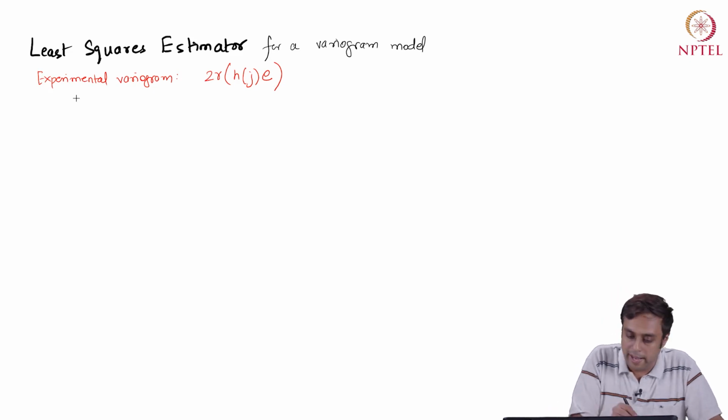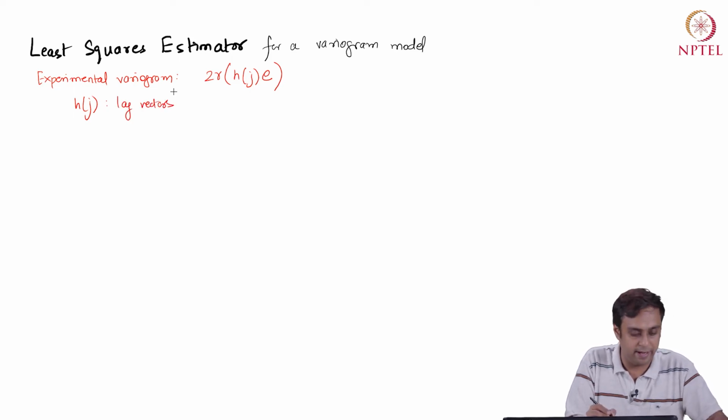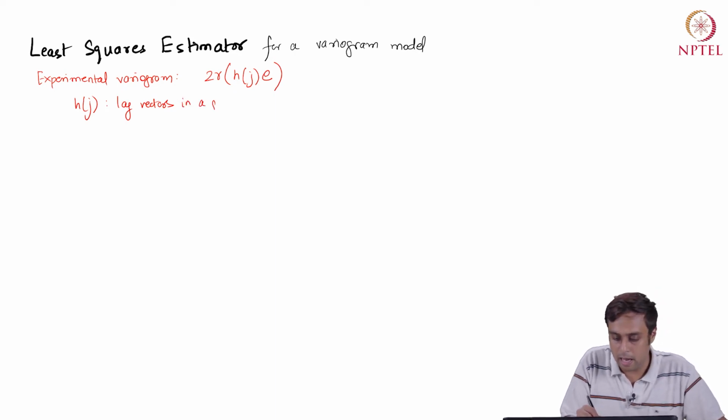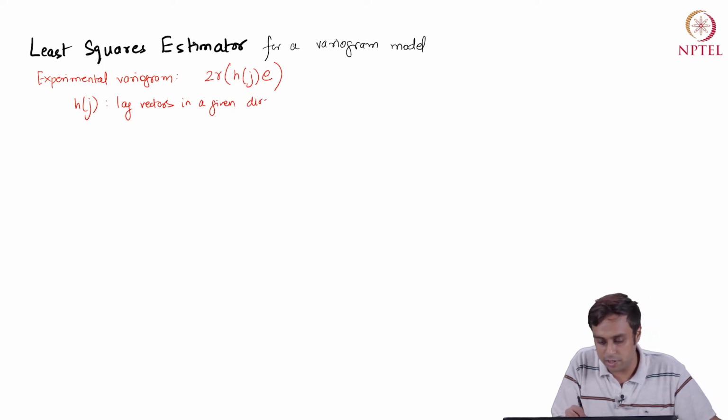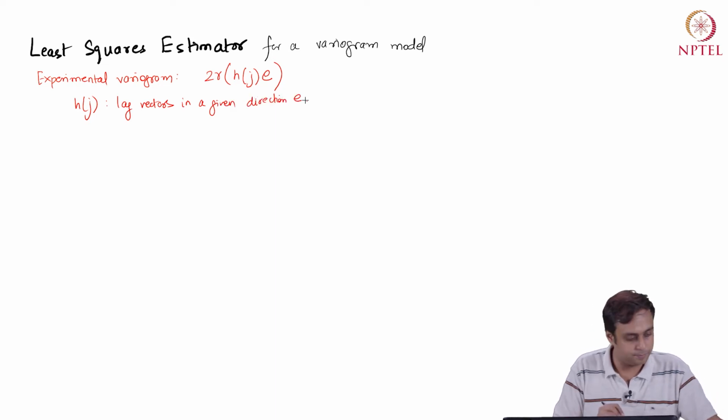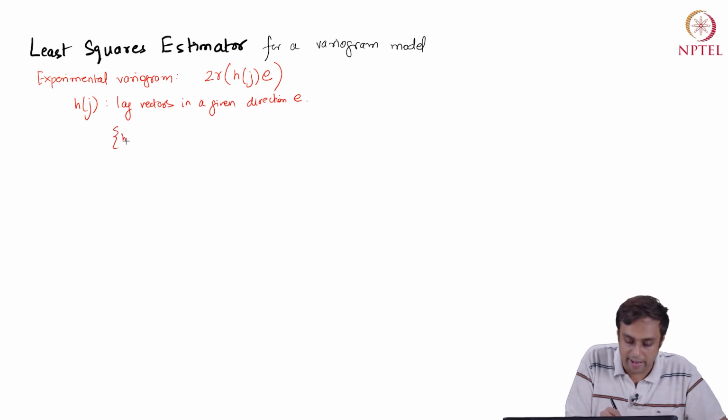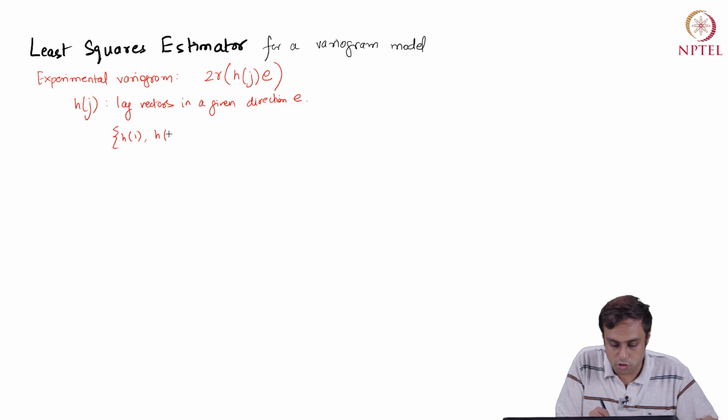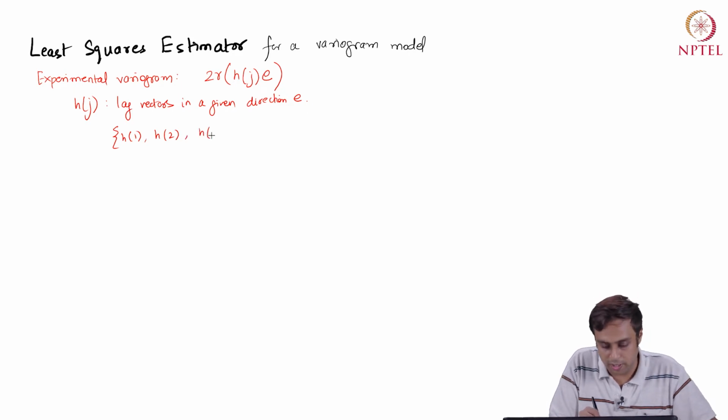So, h j is nothing but the lag vectors in a given direction e. That is, I have h1, h2, h3 and keep going till hn, or let us not use n because n is the sample size, let us say hk.